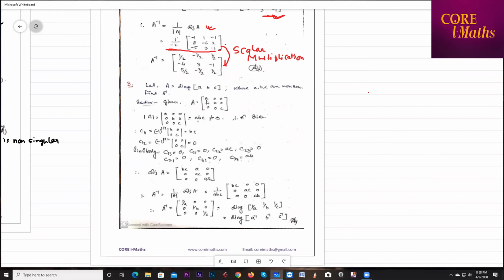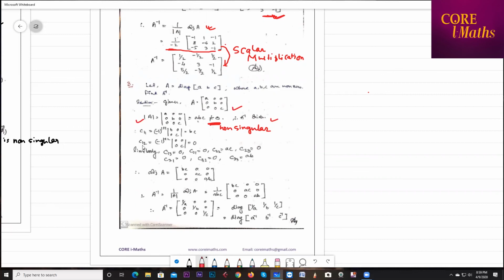So first you have to check the matrix, all the diagonal elements are there, A, B, C. So first write the matrix in proper form: A 0 0, 0 B 0, 0 0 C. After that you have to find out the determinant value. You have to check whether this is singular or non-singular. Yes, it is non-singular. So A inverse exists.